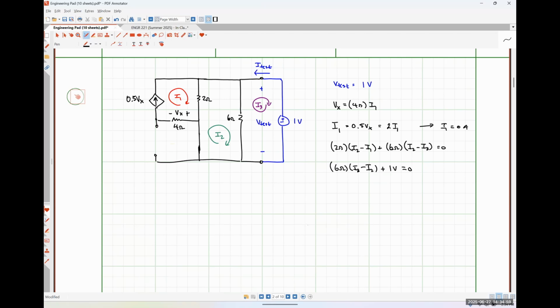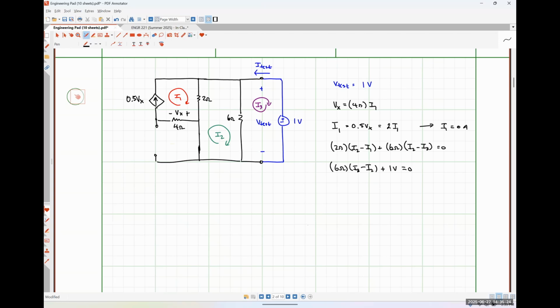Does anybody have a problem with that? Okay. So if we know that I1 is 0, then we're really just solving for I2 and I3.